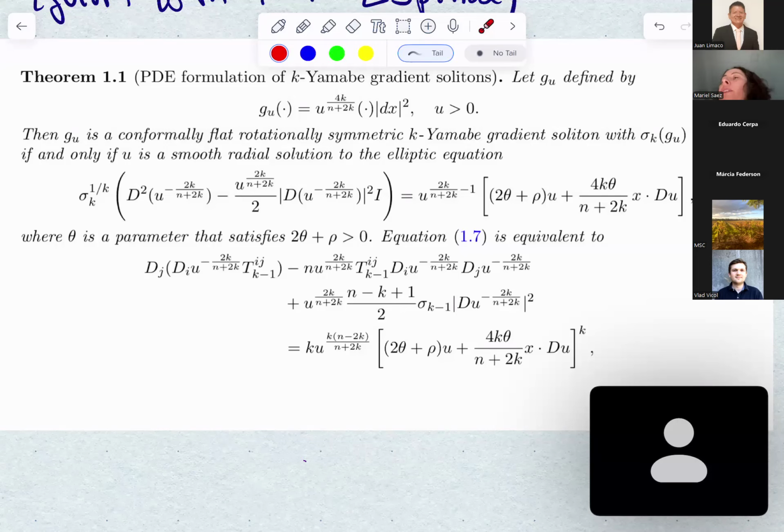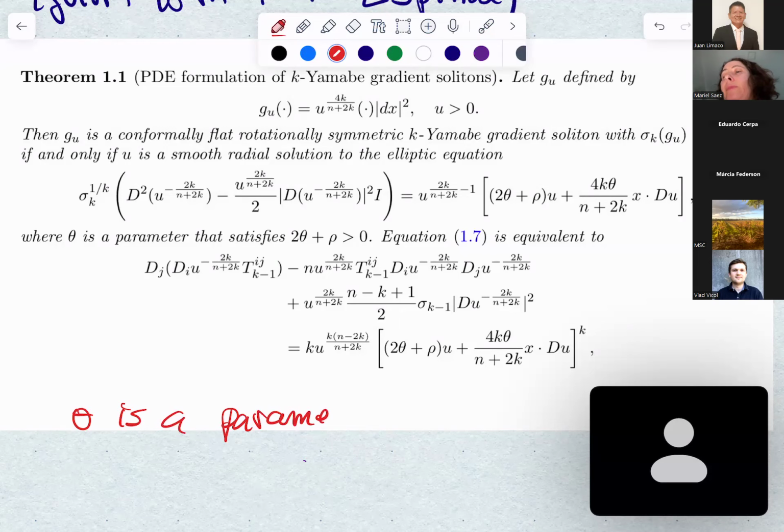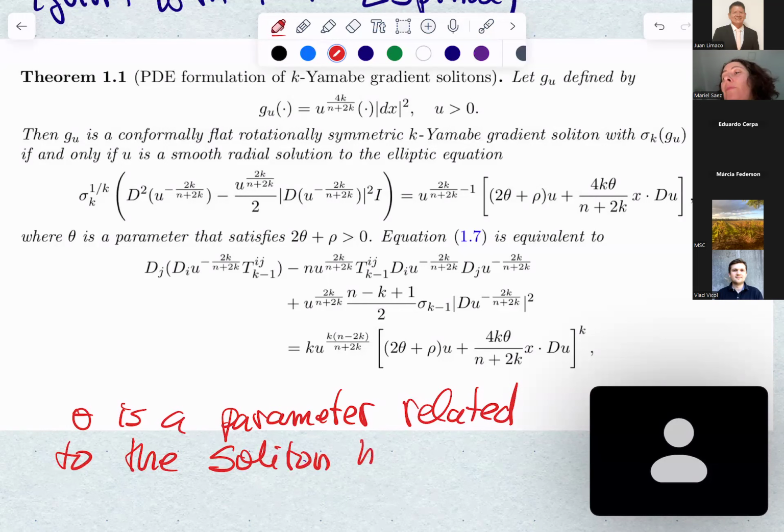It comes from the fact that this is a gradient soliton. So theta is a parameter related to the soliton being a gradient soliton, being of gradient type.